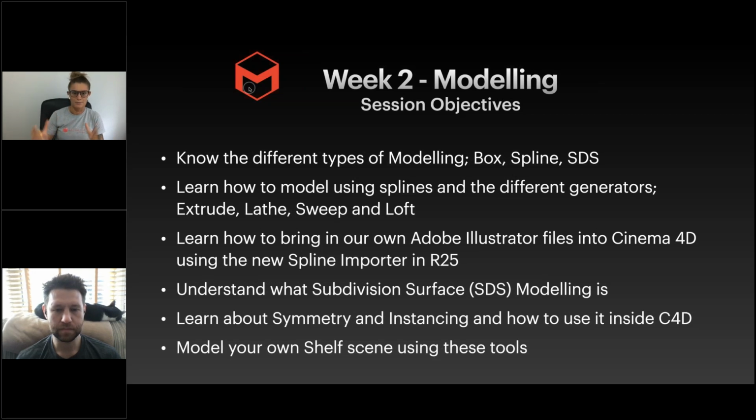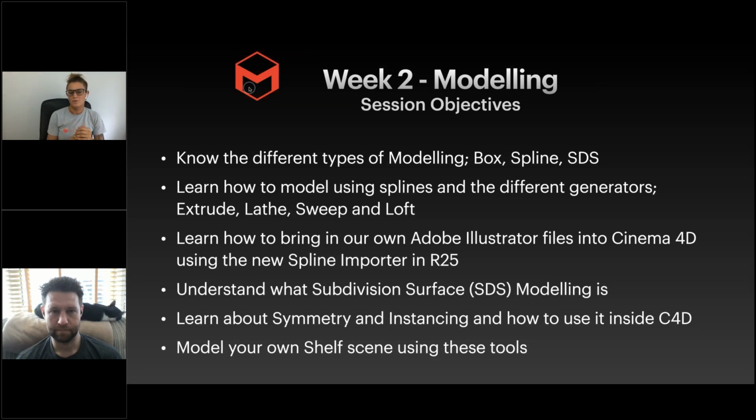That was the old process. Now, as of 25, we have this amazing new spline or vector importer, which opens up so many more possibilities and does a lot of the hard work for us. That's definitely going to be something we'll get into today. We're also going to understand what subdivision surface modeling is and how we can actually do that inside of Cinema 4D.